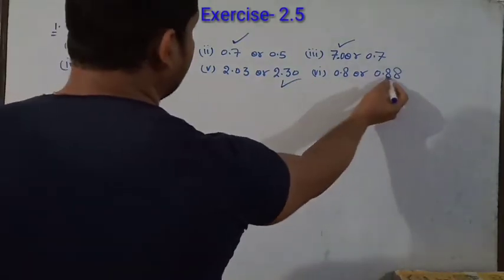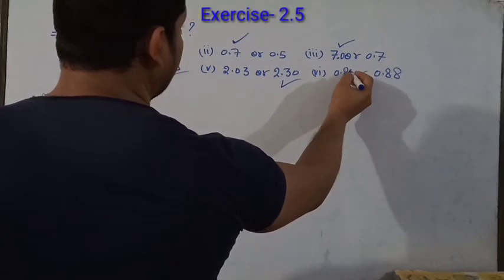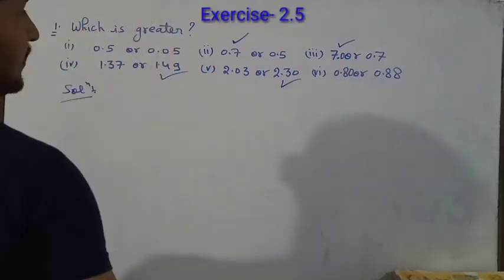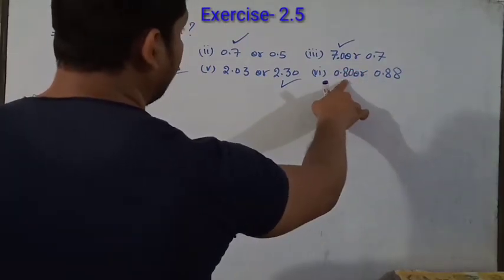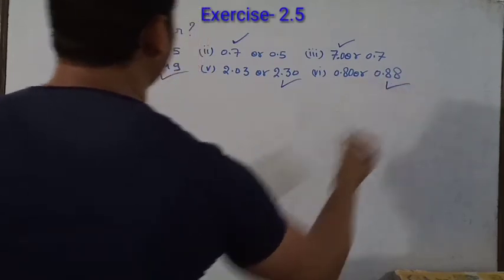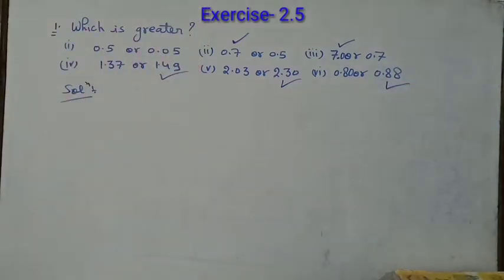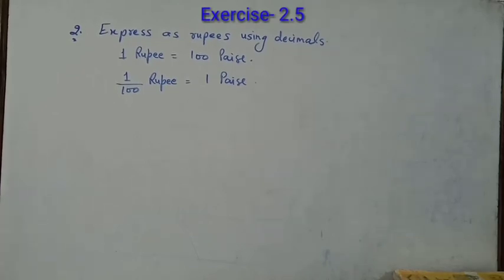Same, decimal 2 digits, decimal 1 digit. So then you will use 0. Forget the decimal. This is 18 and this is 88, which is greater? 88. So this is the procedure for the question of which is greater.